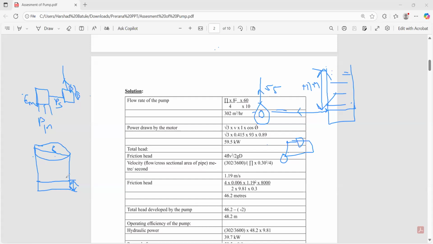Yes, sir. Okay, so area is given. They have provided an 8 meter diameter, so you can calculate the area, pi by 4 d square. After that, to calculate the volume of that particular tank, you have been given the 1 meter height.